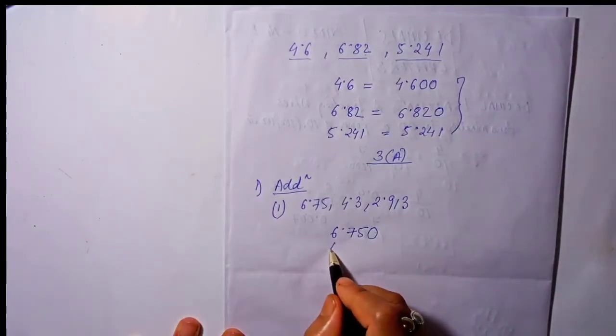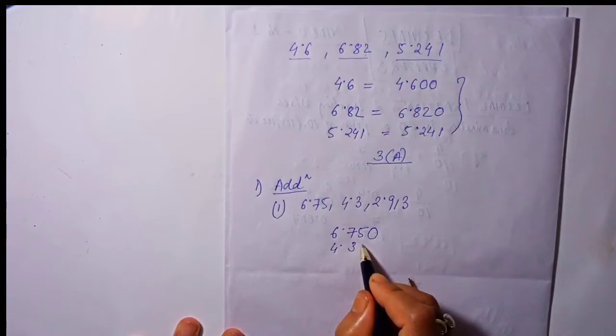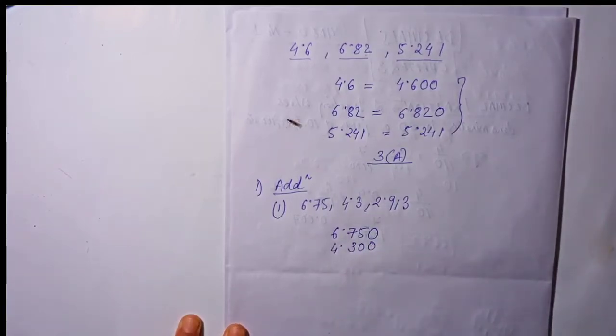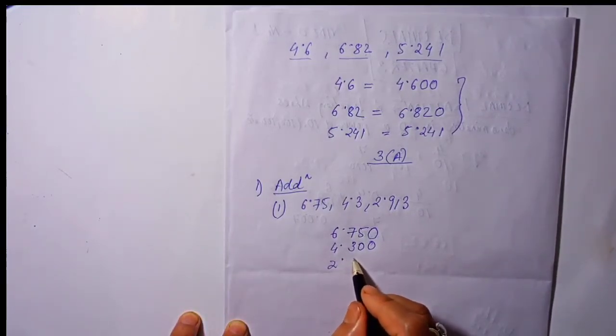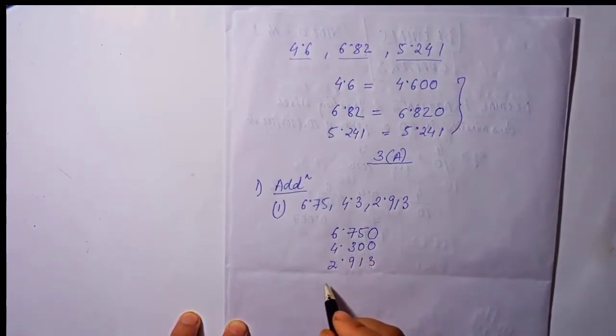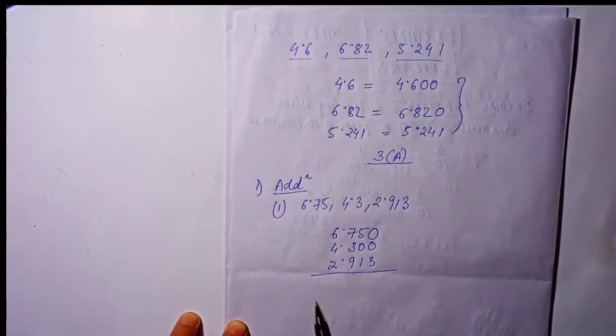Likewise 4.3 is 4.300, and 2.913. Then you simply add it.